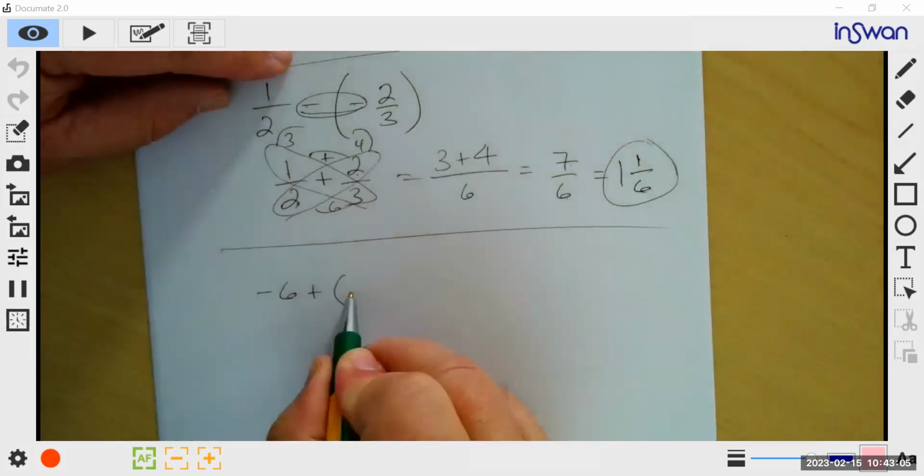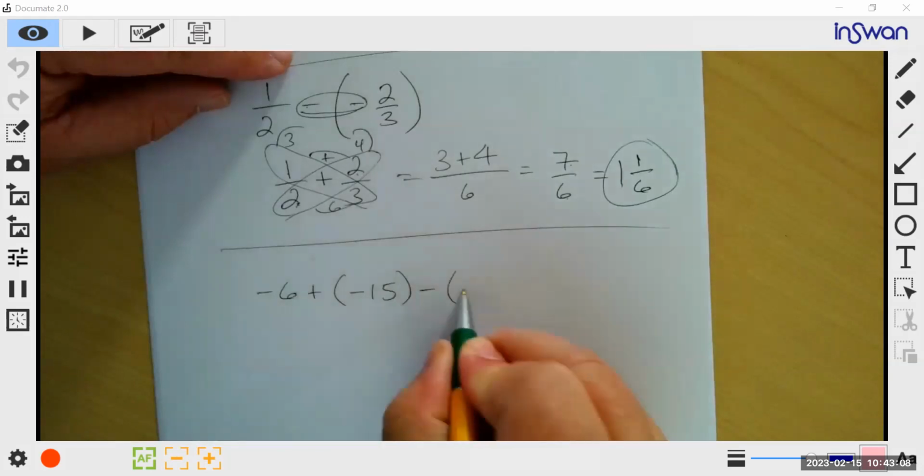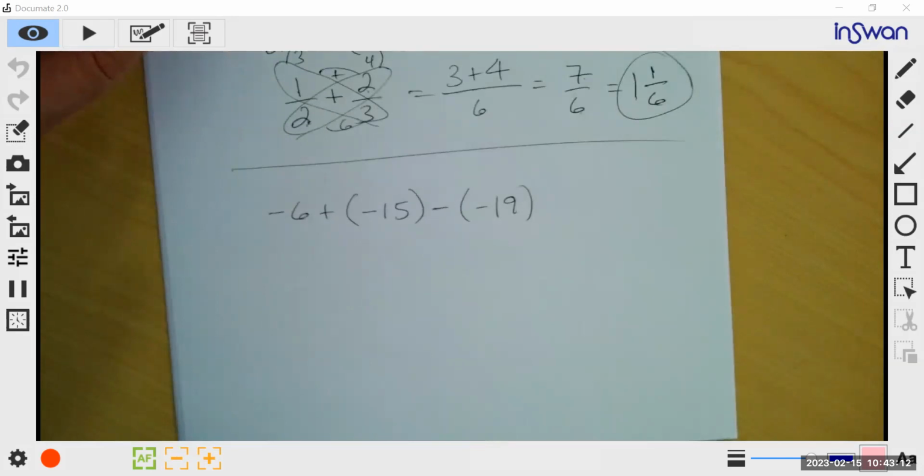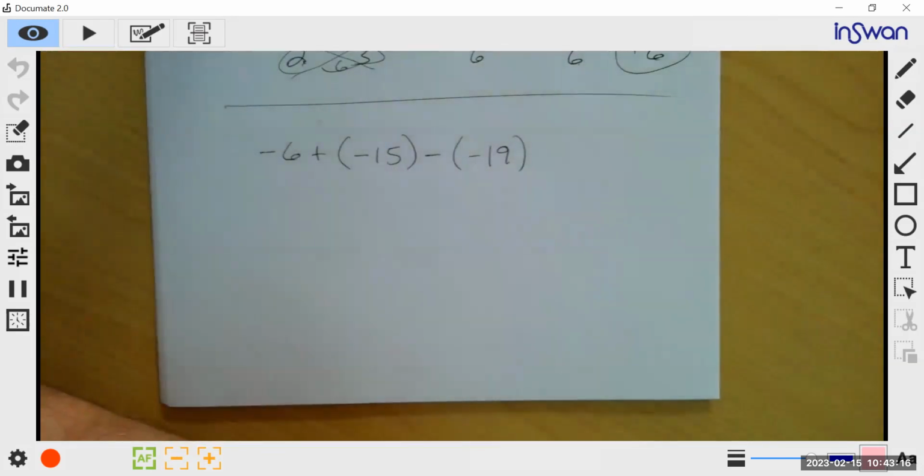Negative 6 plus negative 15 minus a negative 19. There are 2 sets of problems in there.